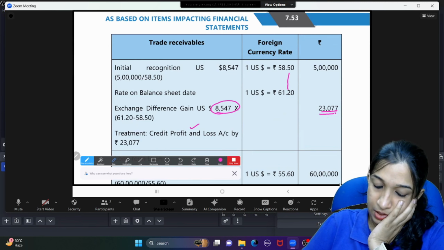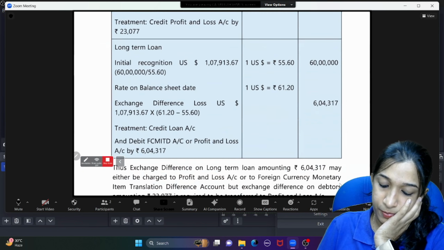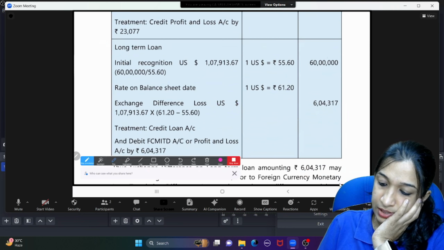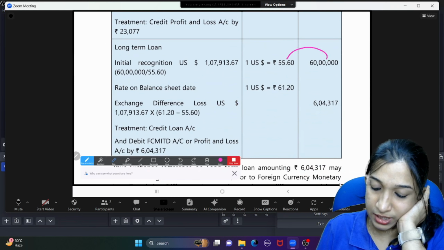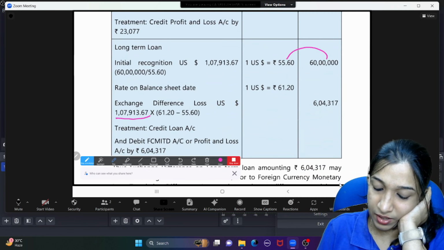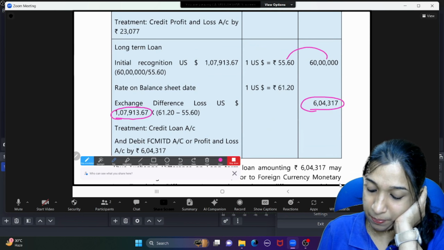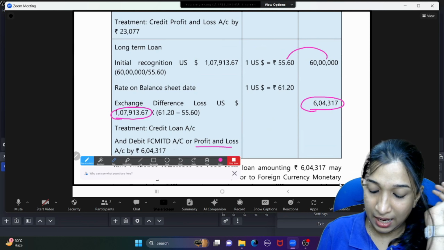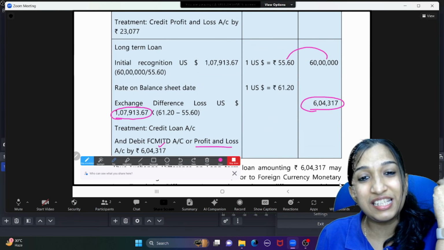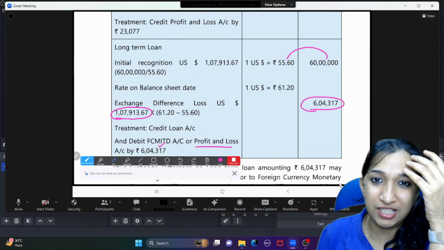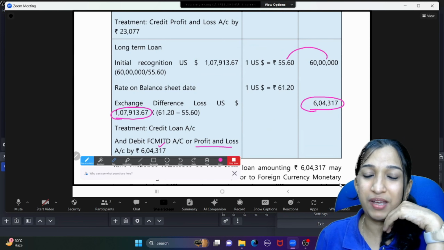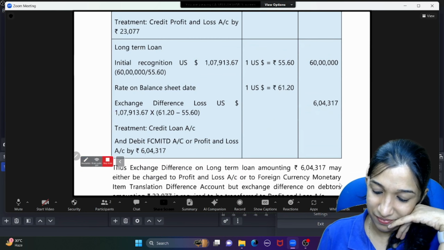Then long-term loan, 60 lakhs divided by 55.6, 1,07,913.7 dollars, difference. Debit P&L. Debit FCMITD if you are availing 46A; the FCMITD account can be debited.